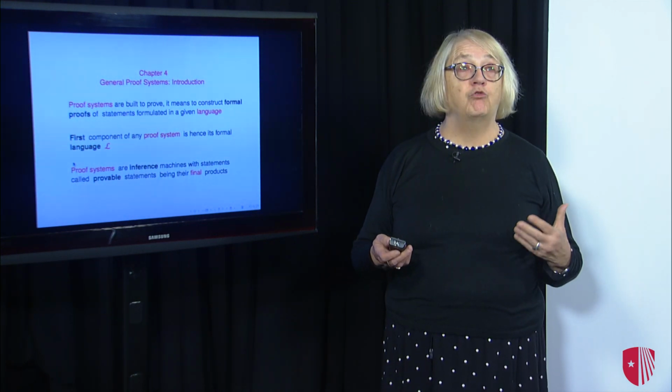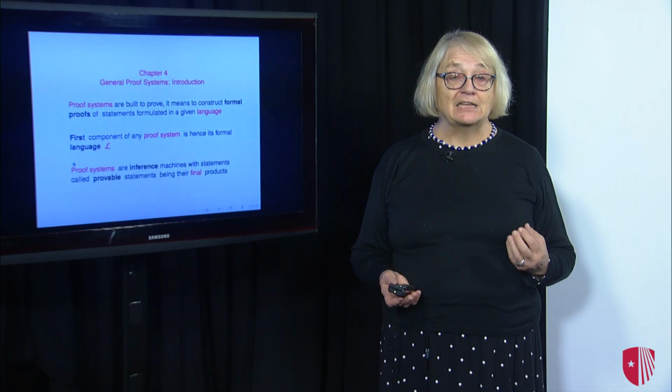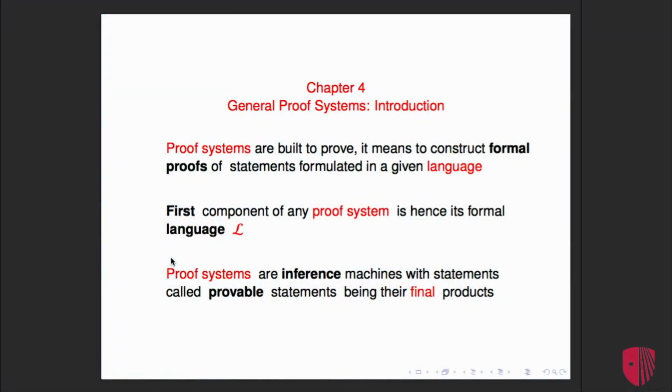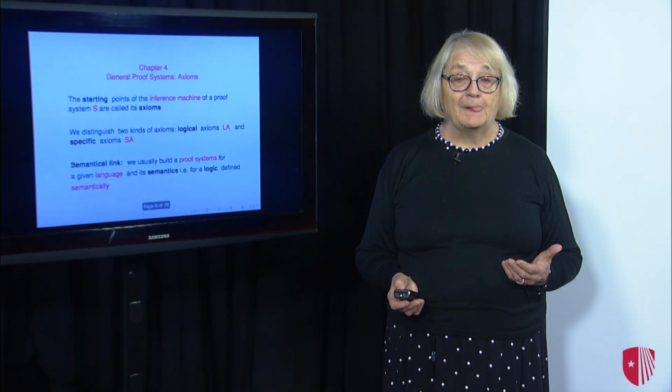We'll talk about formal proofs of statements formulated in a given language. So the first component of a proof system is a formal language L. Proof systems are inference machines with statements called provable statements being their final products.